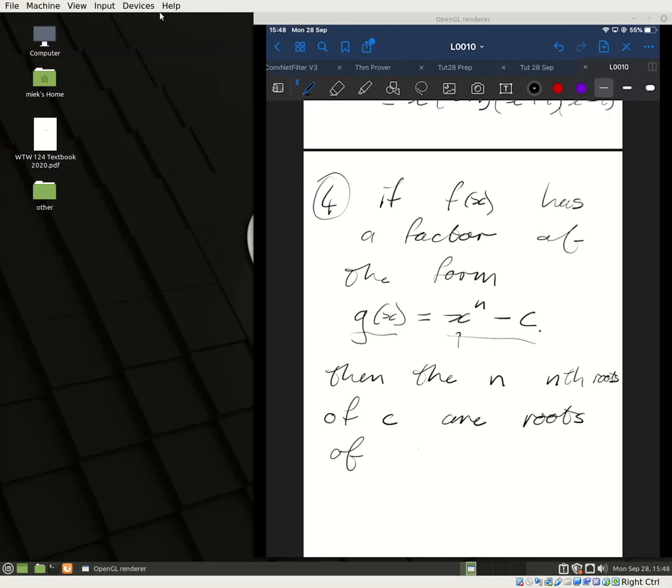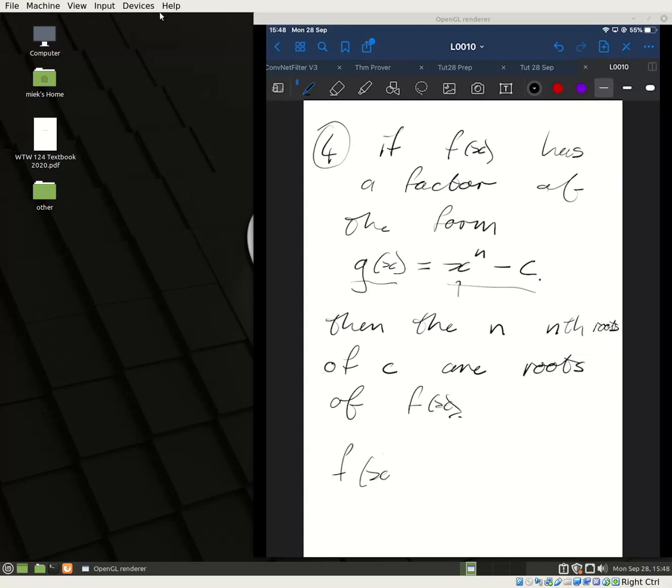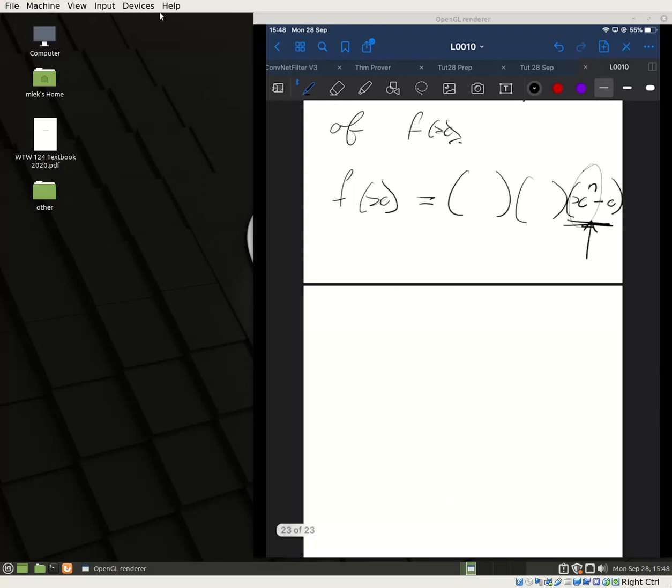So if we can write our f of x as something multiplied with something of the form x to the n minus c, we can handle factors that look like this. We can factorize them using the nth roots of c.